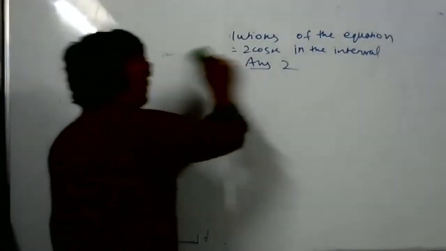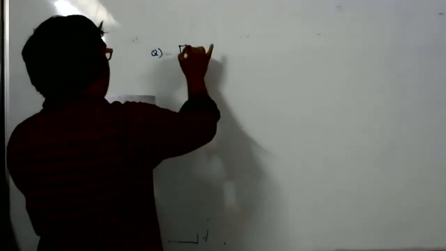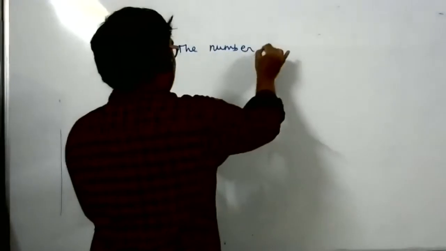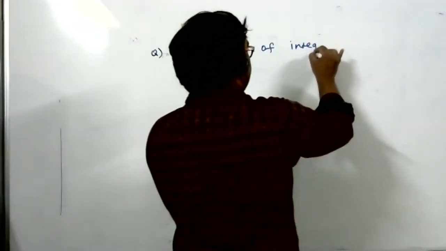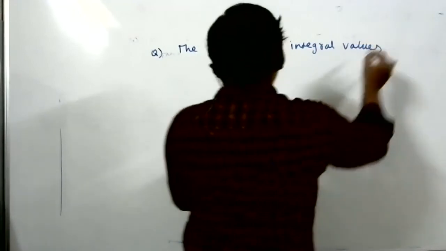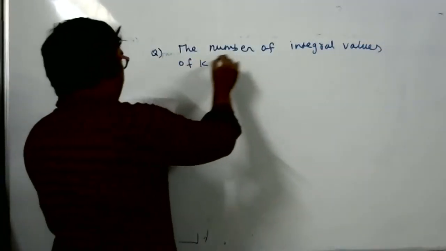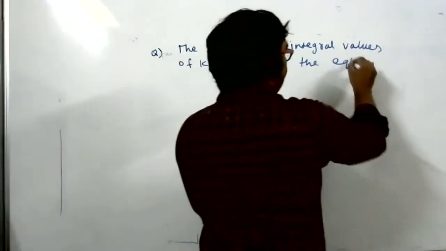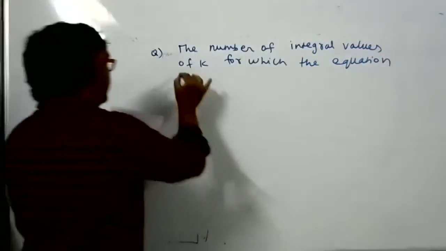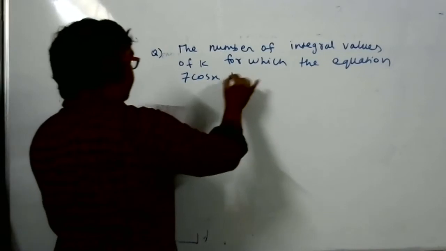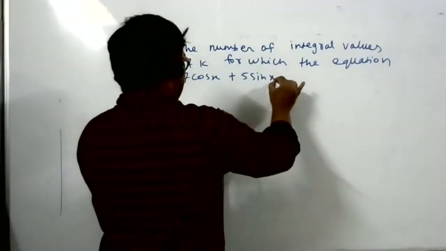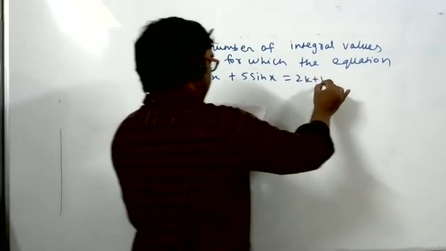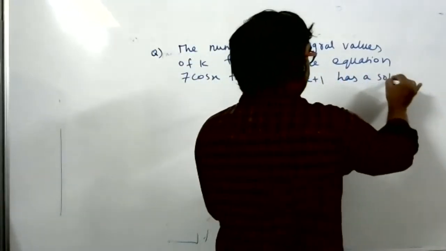Shall I erase? Okay, now the sum which we are going to do is, write down question. The number of integral values of k for which the equation 7 cos x plus 5 sin x is equal to 2k plus 1 has a solution is.